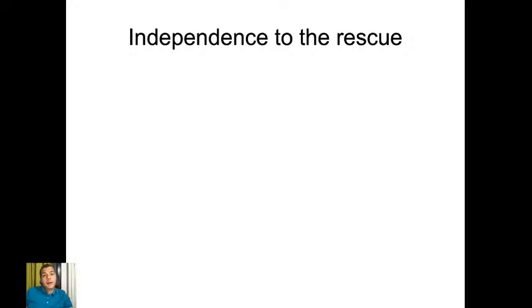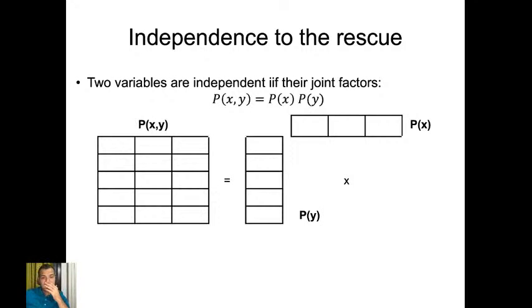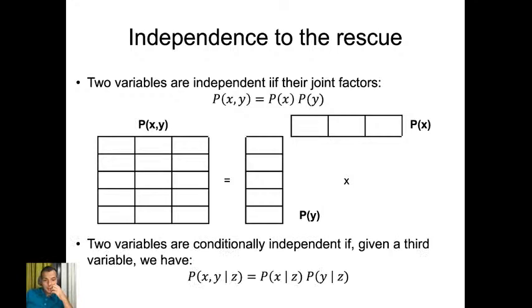Okay, so now we're going towards the naive Bayes model. The naive Bayes model is based on some independence hypothesis. So let's say that the probability of x and y is equal to the probability of x times the probability of y. This is true if the two variables are independent and identically distributed.